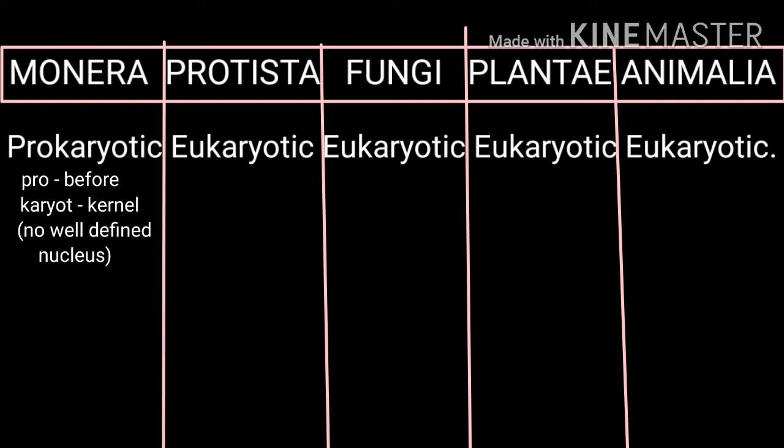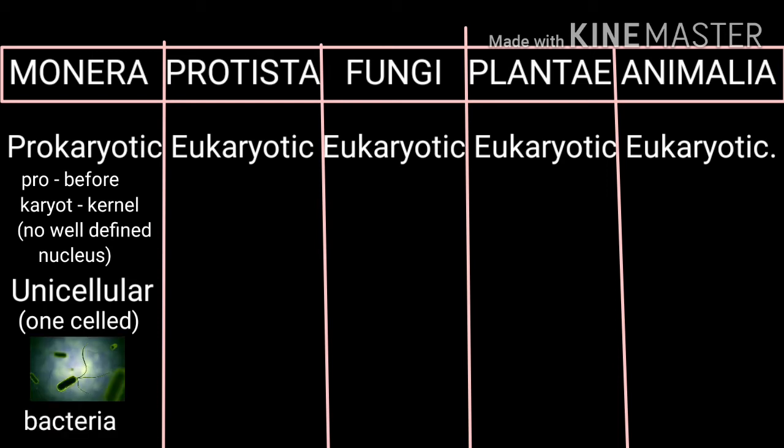So, prokaryotes do not have a well-defined nucleus, and they are unicellular. Uni means one. So the organisms which have one cell and do not have a well-defined nucleus are known as prokaryotes. So all the organisms which are prokaryotes come under Monera.